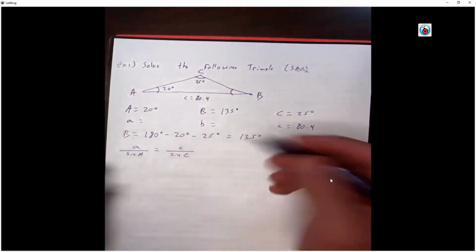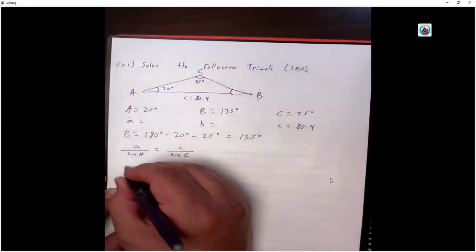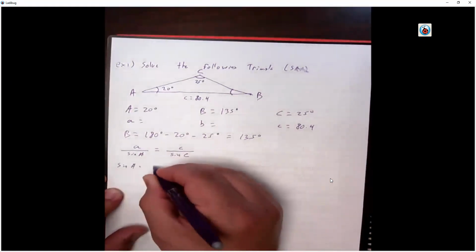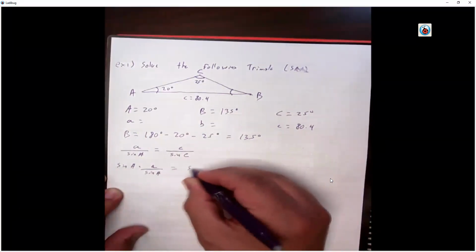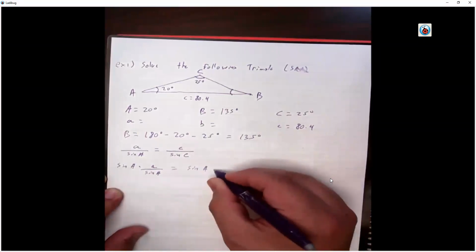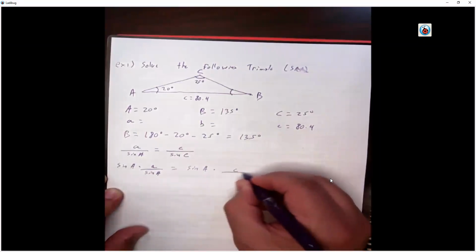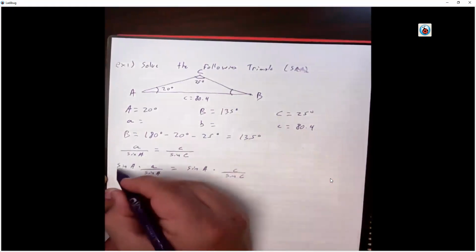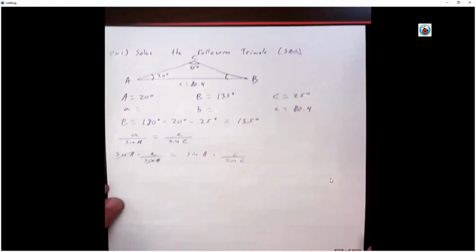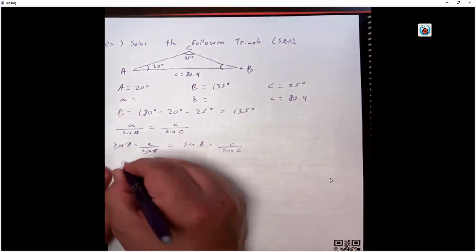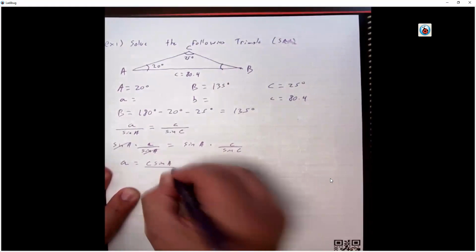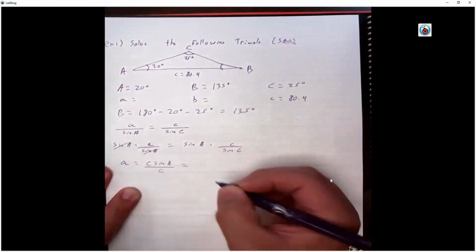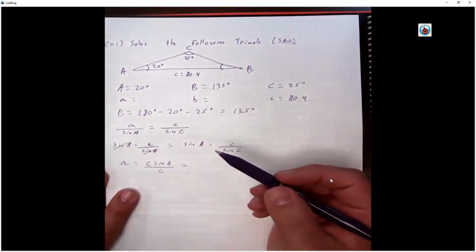So just multiply both sides by sine A. These cancel. So a is equal to c sine A over sine C. Plug everything in at that point and use your calculator.